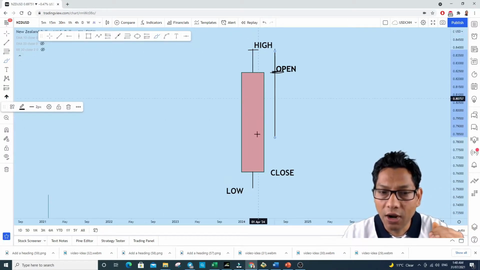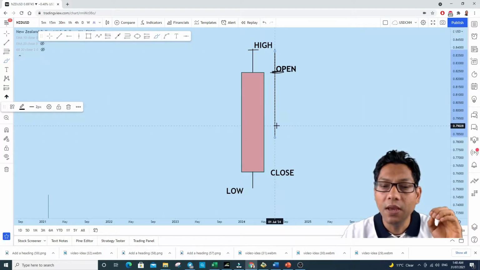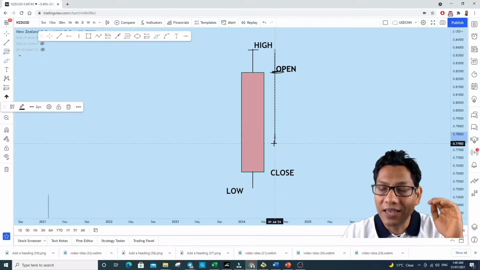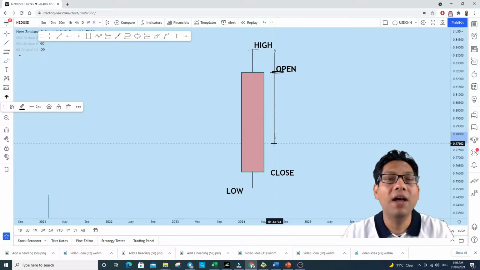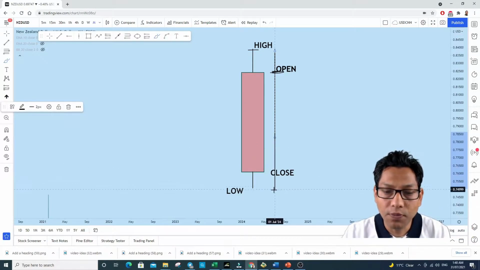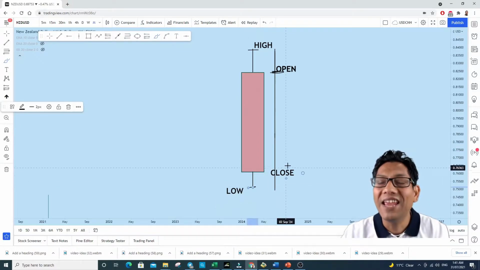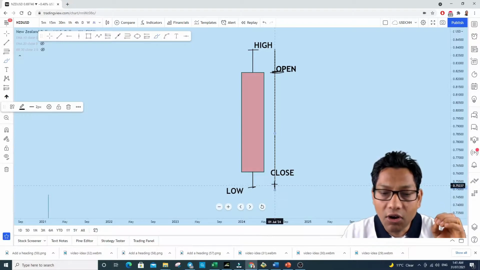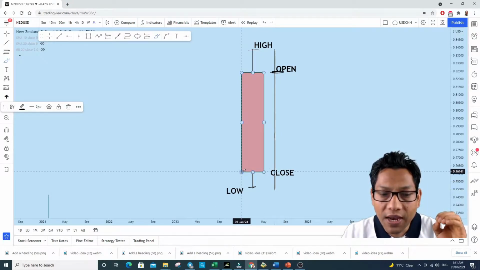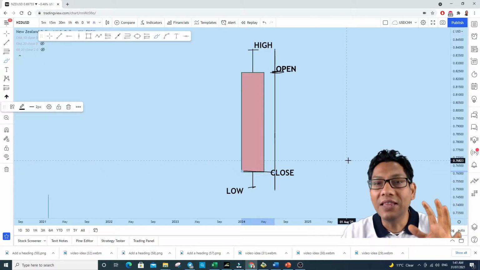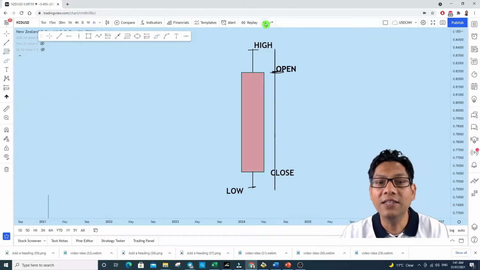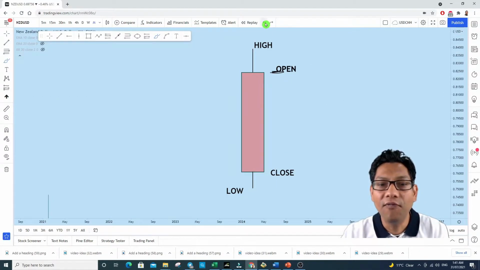There has been a lot of oscillation in between, but finally at some point the price came well below this low, and on the last day of the month the price came here and closed in this position, and then this candle is formed.